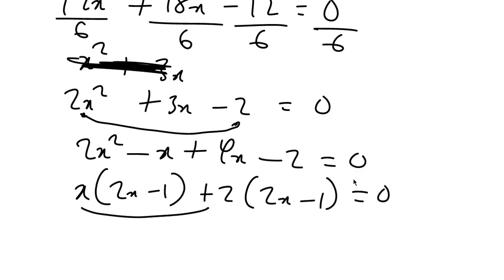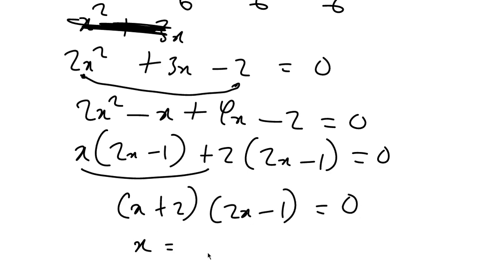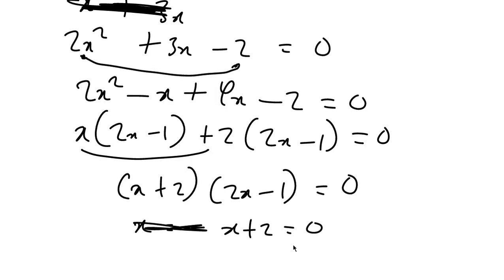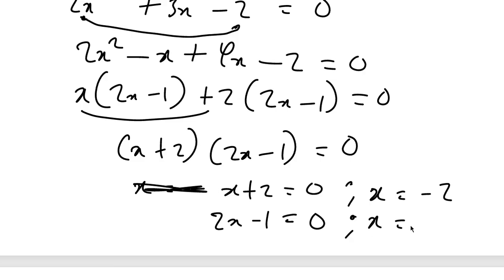Collect this, and you have x plus 2 into 2x minus 1 equal to 0. I'm just equating each component to 0: x plus 2 equals 0 and 2x minus 1 equals 0. So x is equal to negative 2, or x is equal to 1 over 2.